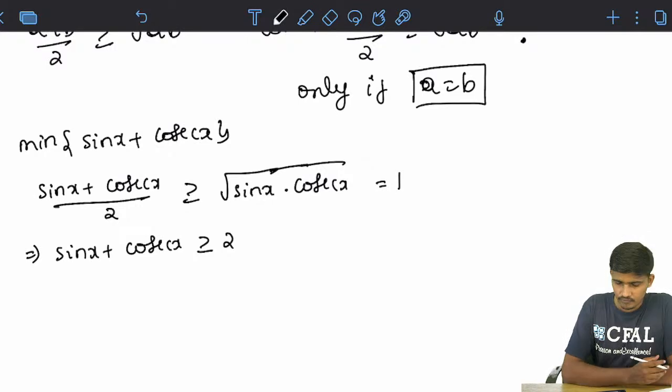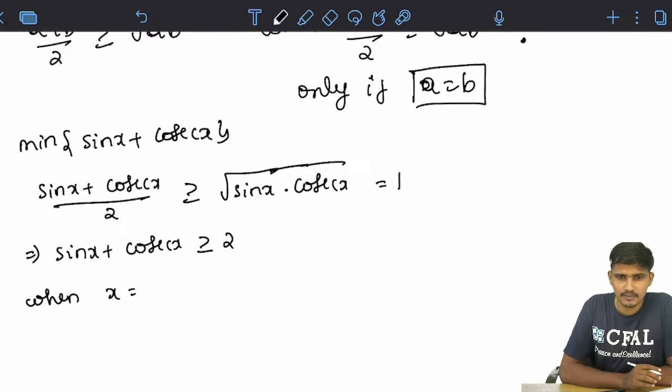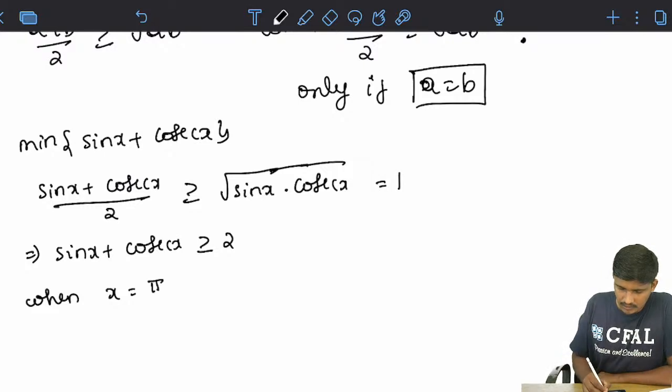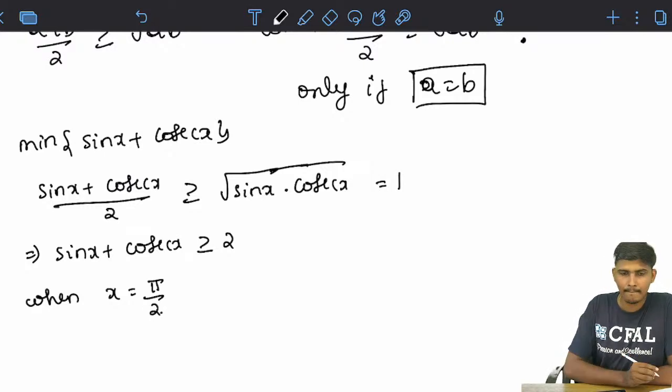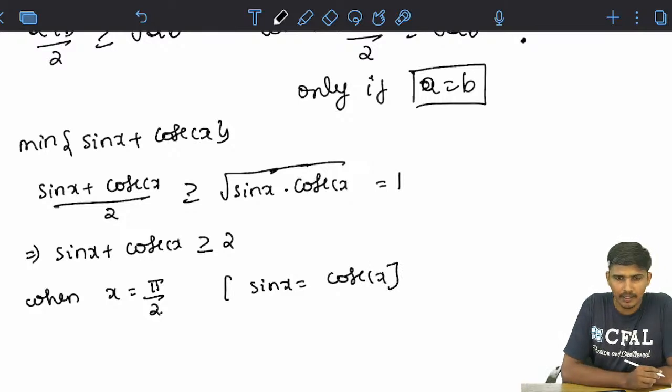So when will equality hold, when will this be equal to 2? When sin x is equal to 1 as well as cosecant x is equal to 1, that is, x will be equal to pi by 2. In other words, sin x is equal to cosecant x only when x is equal to pi by 2.